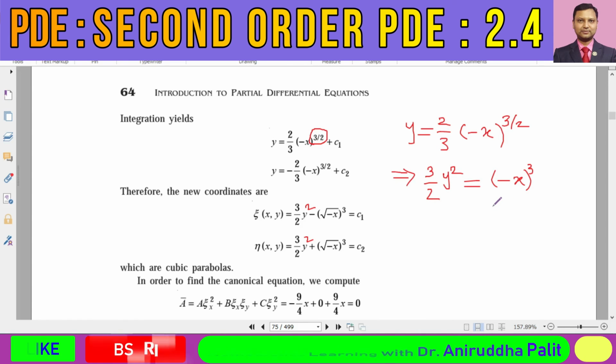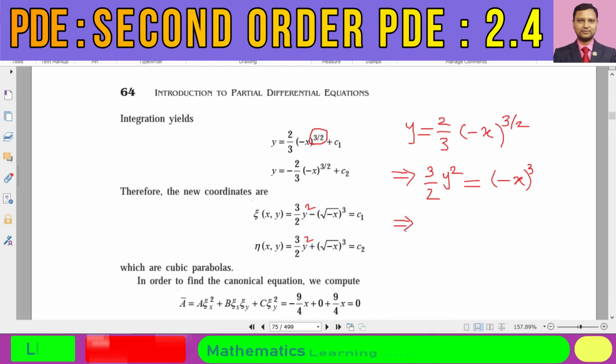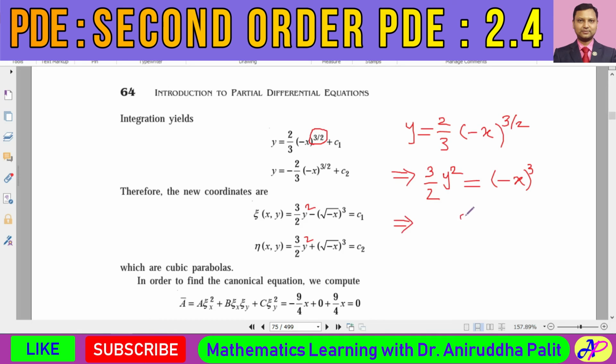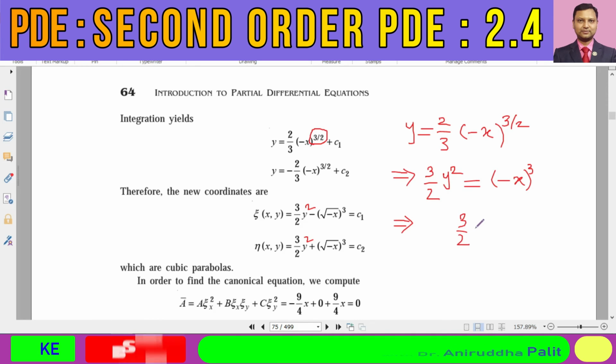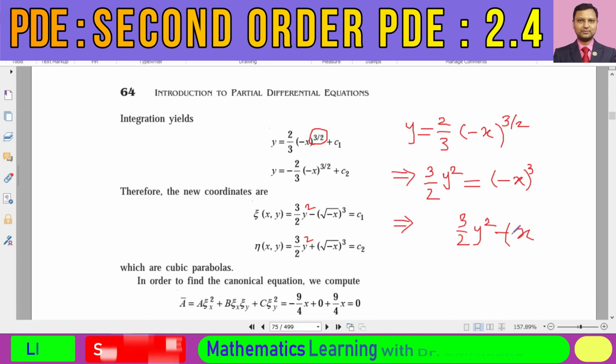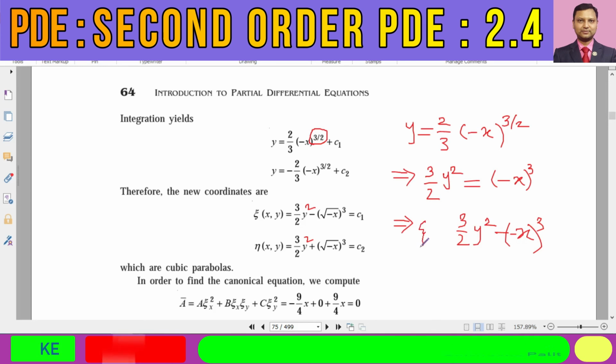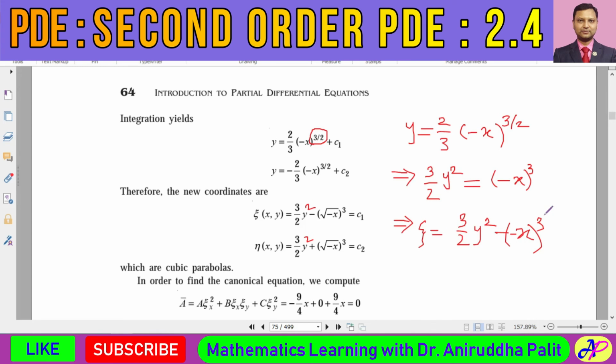Either you consider this kind of expression, or you shift this expression, that 3 by 2 y square minus x cube. If you consider xi is equal to this, then it would be a correct expression.